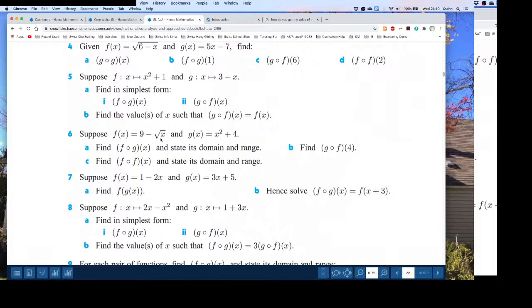It's a good idea to try composite functions again, right? So 6, it's fine, we should do this. Do you guys want a minute to try and do this on your own, just to check to see if you know how to do it? I know I'm showing a lot of math, but it would be good if you have a piece of paper in your hand and you try one out on your own to see how much you remember.